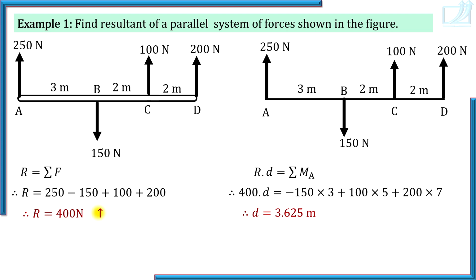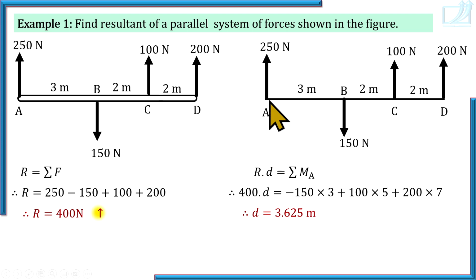Okay. Now let's proceed. We have found out R, we have found out d. Now the next thing is to locate the resultant in the space diagram. Now how to show the resultant in the space diagram? Remember, d is the horizontal distance of the resultant. Resultant is vertical. All forces are vertical. If the resultant is vertical, distance d is horizontal.